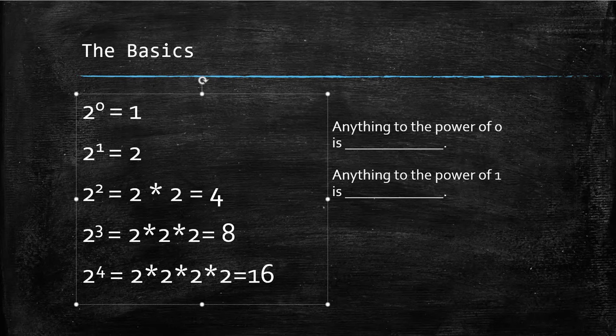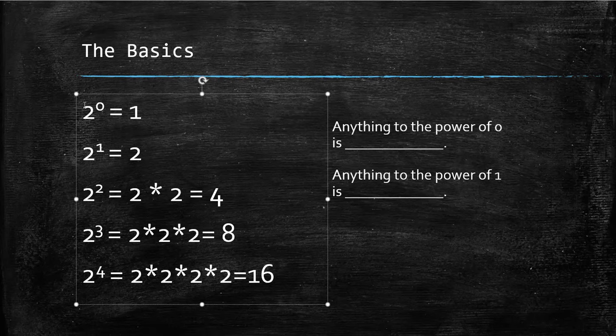And so 2 specific things that I want you to notice on this screen. First is that 2 to the first power is 2, and we can actually generalize that rule. Anything to the power of 1 is itself. So 5 to the power of 1 would be 5, and x to the power of 1 would be x, and unicorn to the power of 1 would be unicorn.